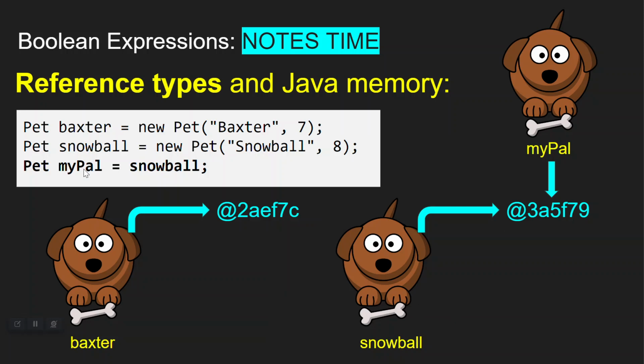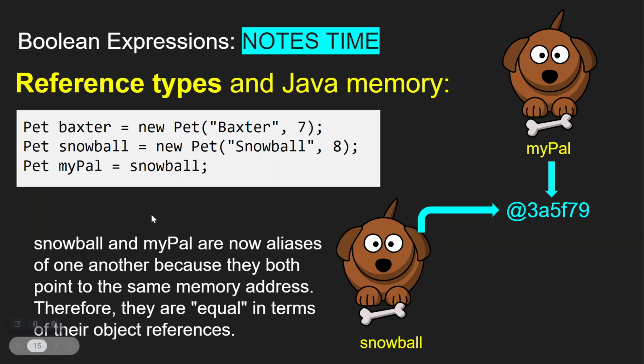My pal, the variable name my pal, is going to point to this same address in memory. And so what that means is we just created aliases in Java, and that's because Snowball and my pal are two different variable names, but they both point to the same address in memory.